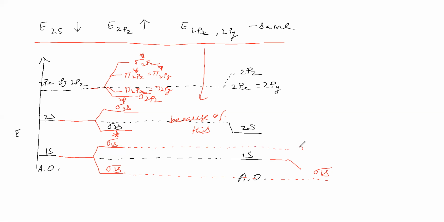Sigma 2s will now be down, because the 2s energy is reduced. Sigma star 2s energy is also reduced, but sigma star 2s energy will be greater than sigma 2s.